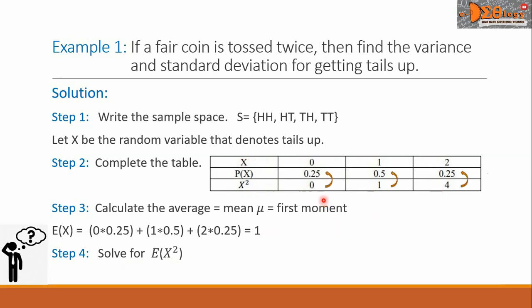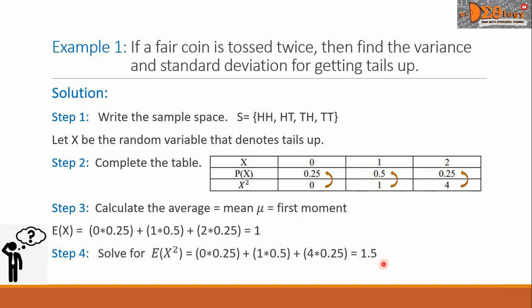Then, let us multiply the X squared numbers with the corresponding probability. So we have 0 times 0.25 plus 1 times 0.5 plus 4 times 0.25. Using the calculator, our answer here will be 1.5.